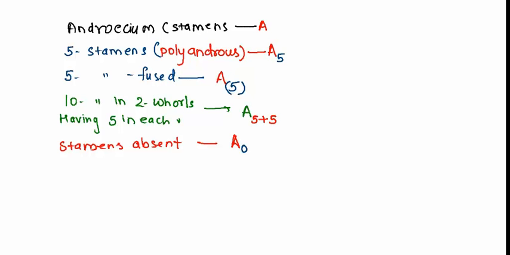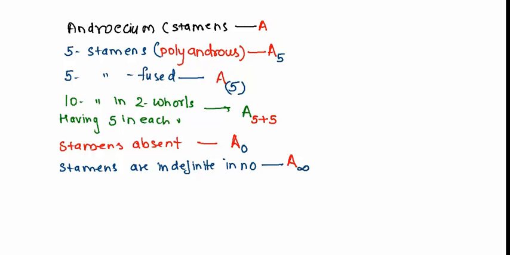And if stamens are present but indefinite in number, the number is not fixed, then it is represented as A and infinity at the base. The infinity represents that the number of stamens is indefinite.